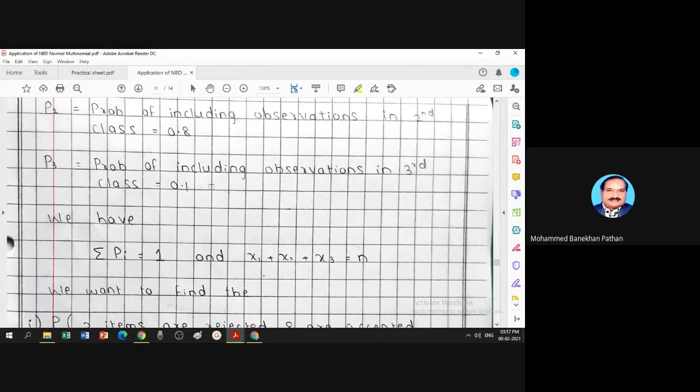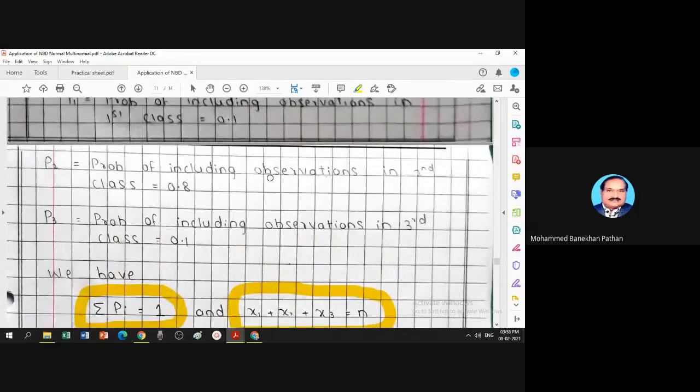Remember, under multinomial, the sum of all probabilities should be 1, and the sum of values taken by the variables should be equal to small n. That is the characteristic of multinomial distribution.